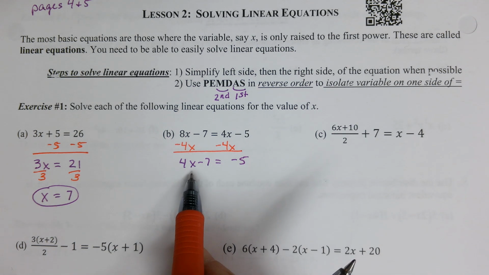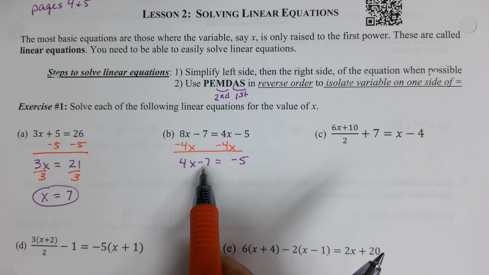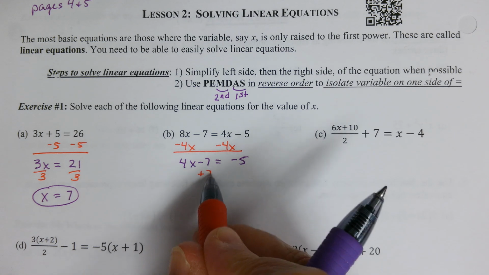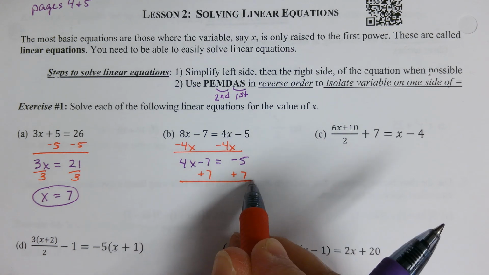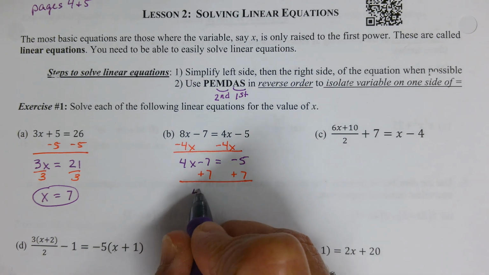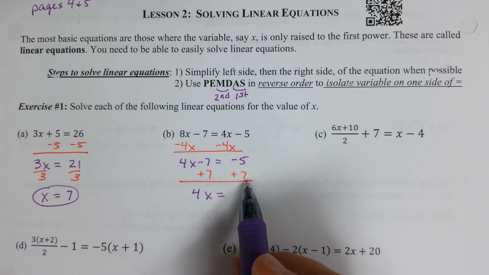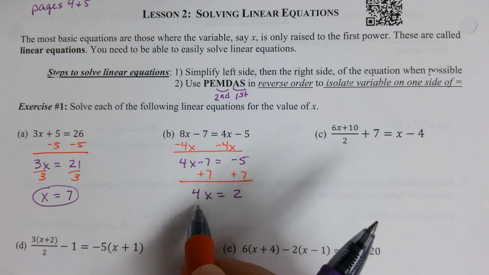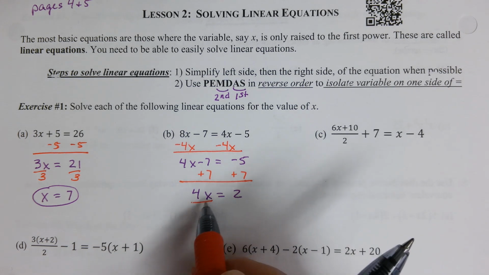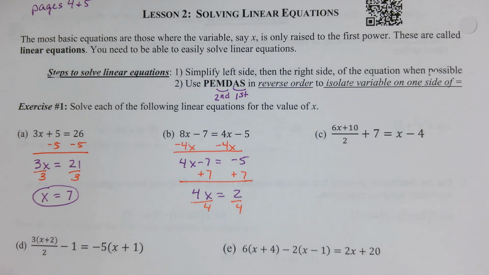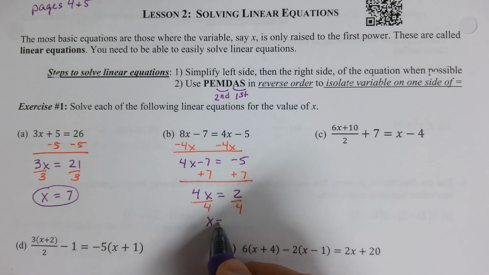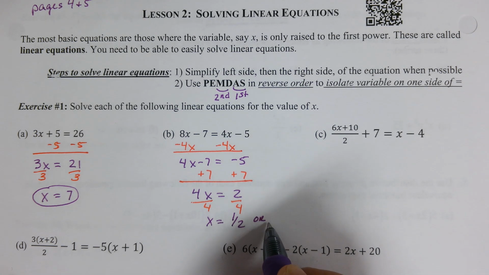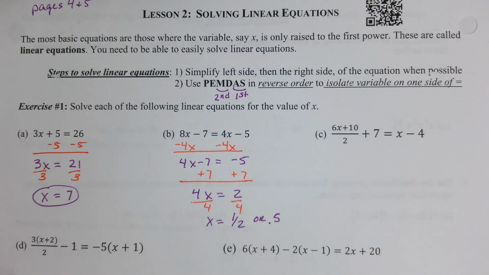And now getting x by itself, undo the subtraction of 7 by adding 7. 4x equals -5 plus 7, which is 2. 4 times x, divide. x equals 2 divided by 4, which is the fraction 1/2 or the decimal 0.5.